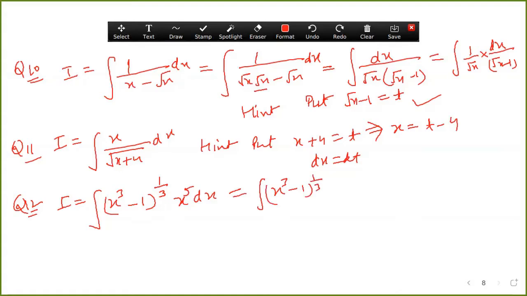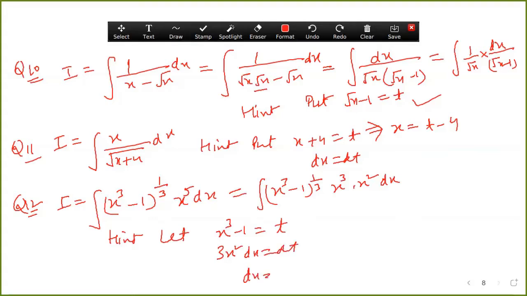You can write x to the power 5 as x to the power 3 into x square. Now the question becomes easy. Now here is a hint: let x cube minus 1 equal to t. It becomes like this, and dx is equal to dt upon 3x square. Now you can proceed with the question. Do your own.